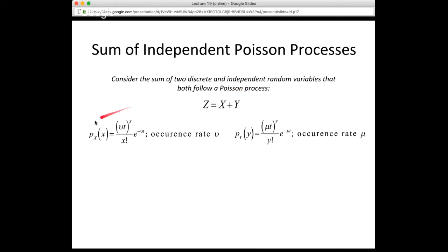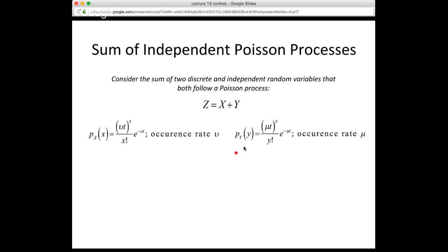When we say they're Poisson processes, what we're saying is that the PMF for the random variable x and the PMF for the random variable y can both be expressed in terms of Poisson PMFs. You can see the parameter values have changed here. For the random variable x, I have an occurrence rate of nu. And in the case of the PMF for the random variable y, the occurrence rate is mu.